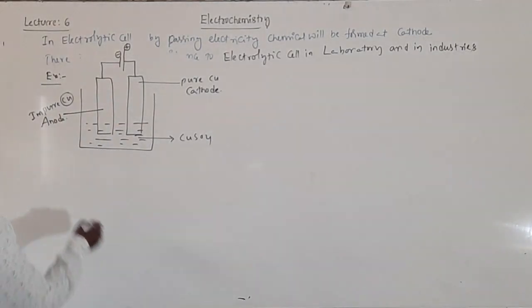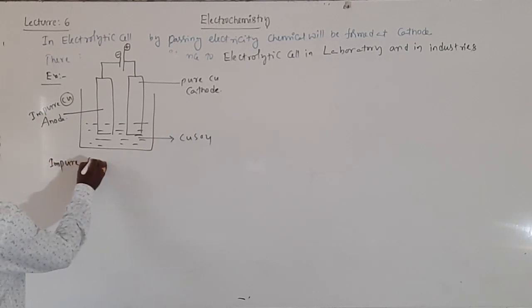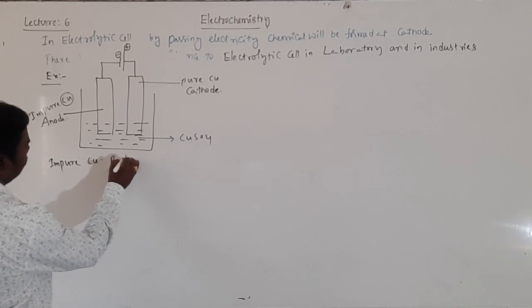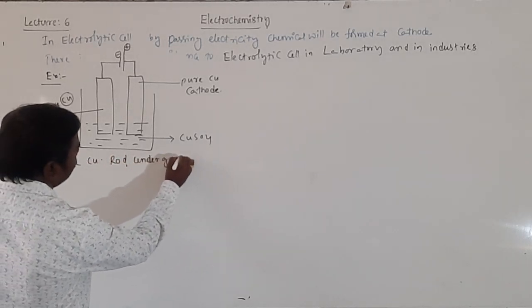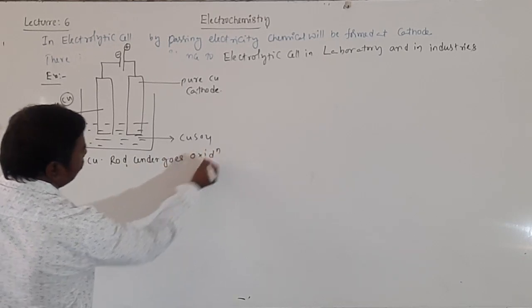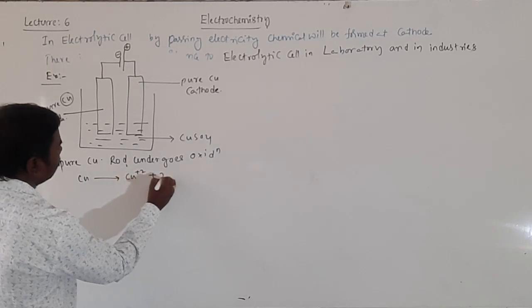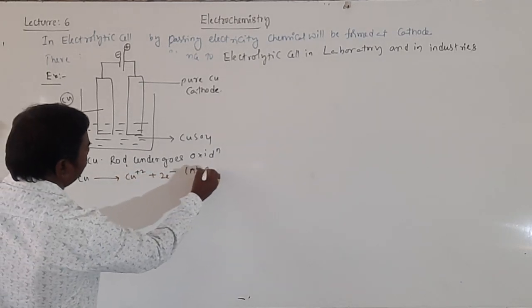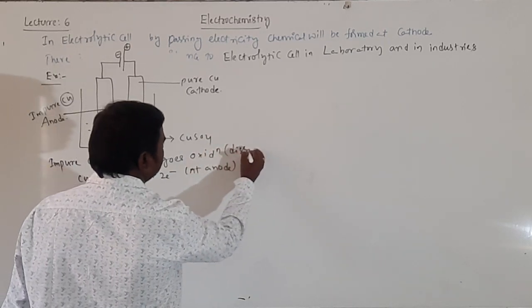It means the impure copper rod undergoes oxidation, it means Cu converted into Cu plus 2 plus 2 electrons. This happens at the anode. Oxidation means dissolved.